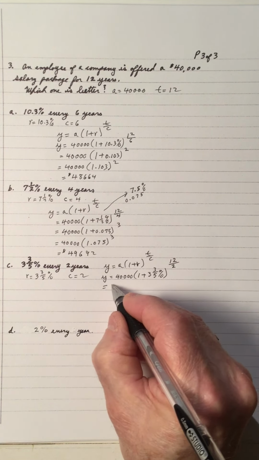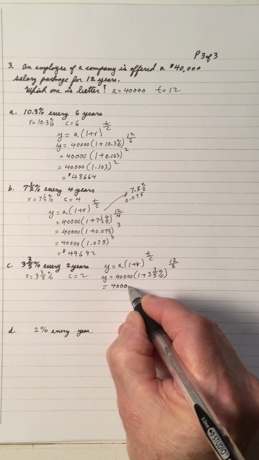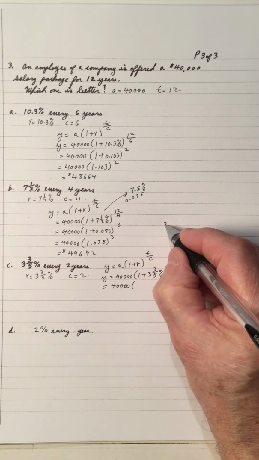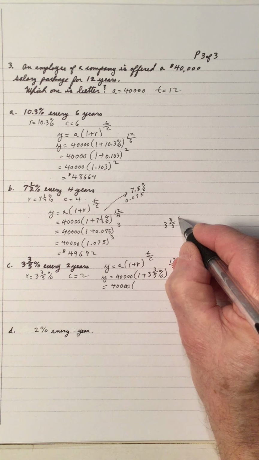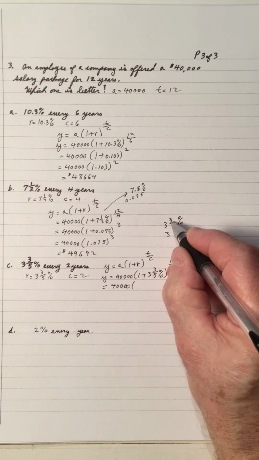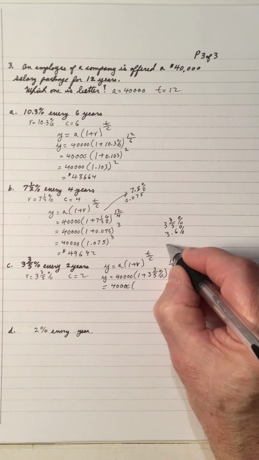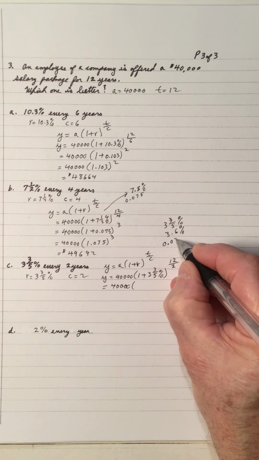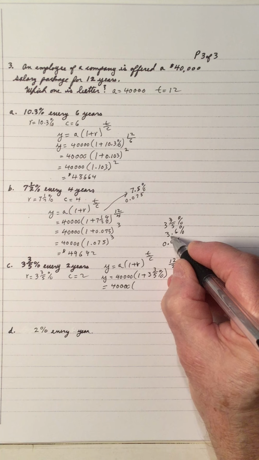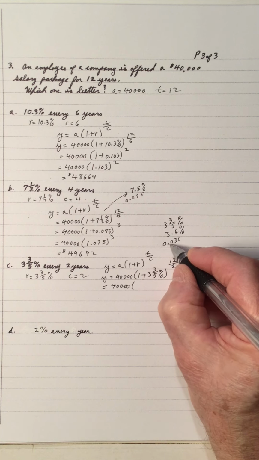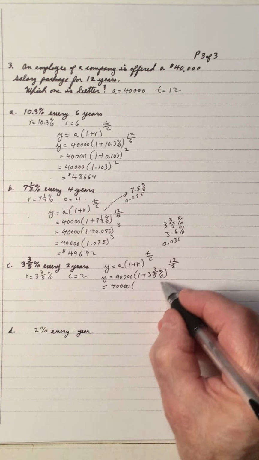So what we have is $40,000, and let's look at 3 3/5%. So 3/5 is 6/10, which is 0.6. So that's 0.036. Again, the decimal moves 2 places to the left to give you 0.036.